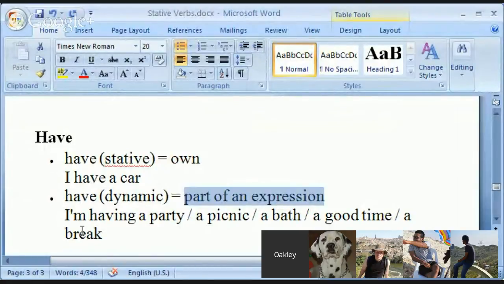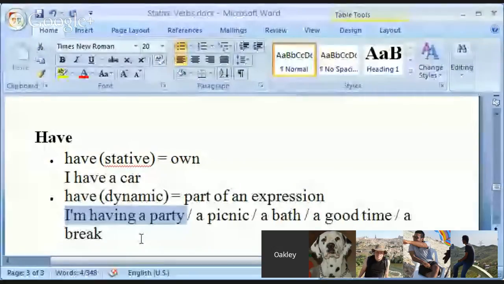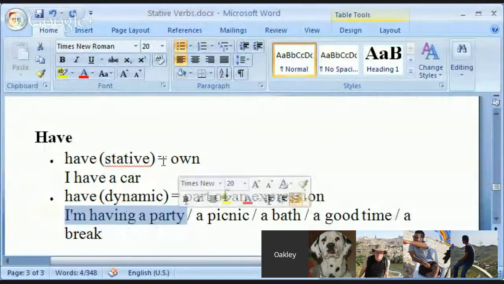So I'm having a party next Saturday. Okay, it's perfectly normal. We're basically using have to mean doing something. So again, totally different meanings. Have can be stative or dynamic, depending on how you're using it.